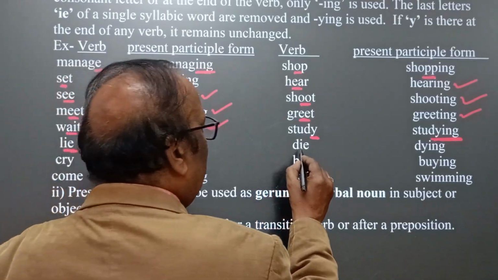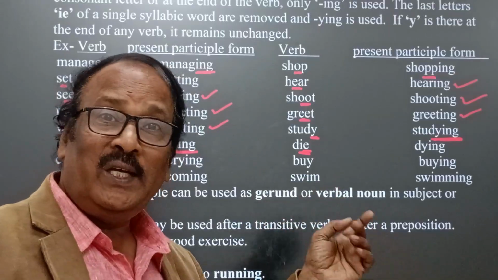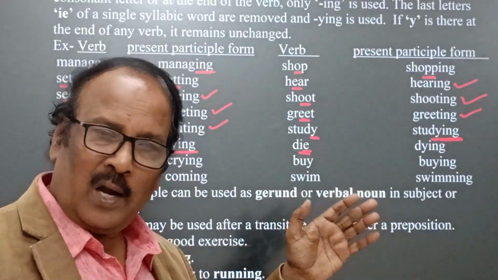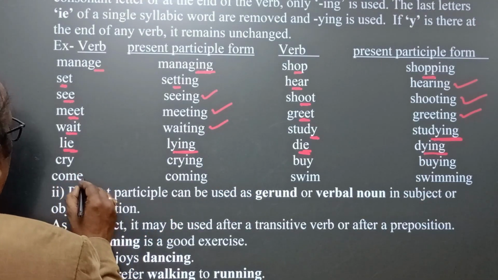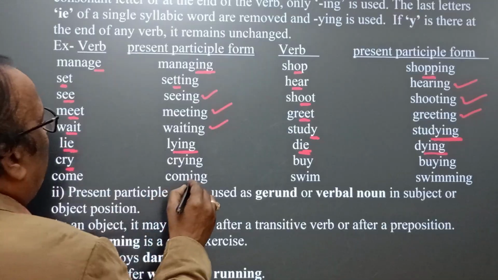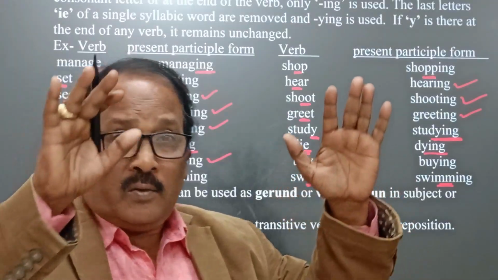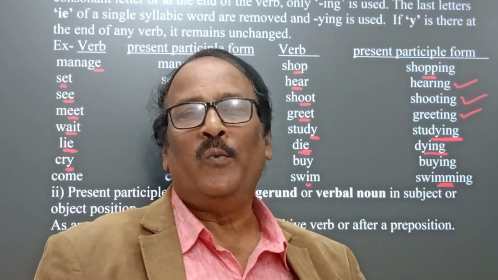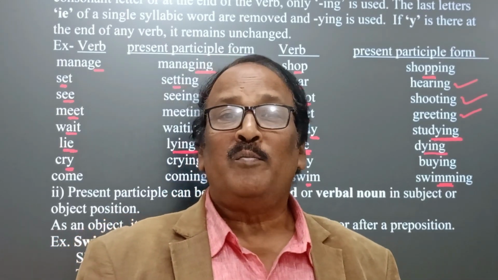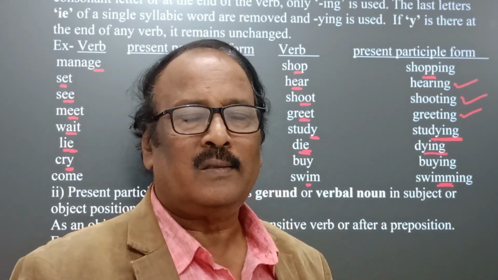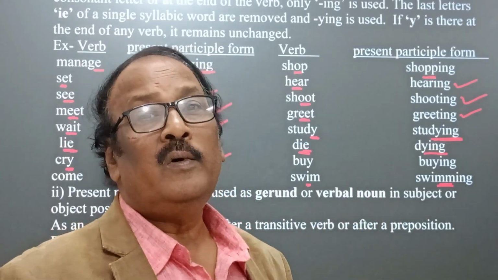Similarly in the case of die, here we have two vowels. Die is also a single monosyllabic word and hence dying. YING. Cry. Y is here at the end, therefore no change. Here crying. Swim, swimming. These are the various interesting ways how we change a base verb into a present participle verb. It should be carefully remembered and used at the time of writing.